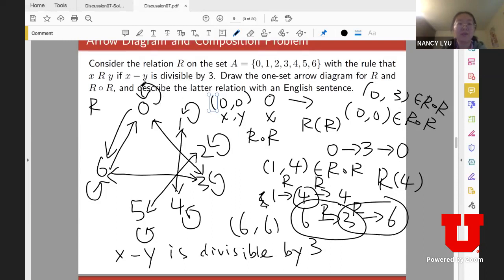That's how you can have the pair (0, 0). And for the arrow pointing from 0 to 3, that means your x is 0 and your y is 3, and x minus y is divisible by 3. So you can have the pair (0, 3) in your R, in the set.